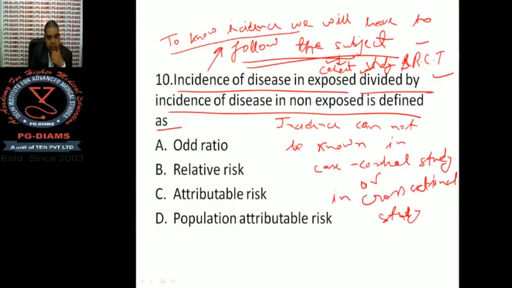Now, incidence of disease in exposed divided by incidence of disease in non-exposed is defined as relative risk. This is the formula of relative risk. But now let's understand the difference between all of these 4 terms: odds ratio, relative risk, attributable risk, and population attributable risk, one by one. First is relative risk.